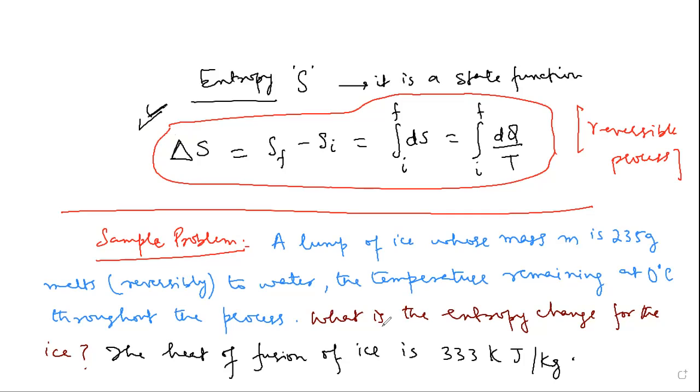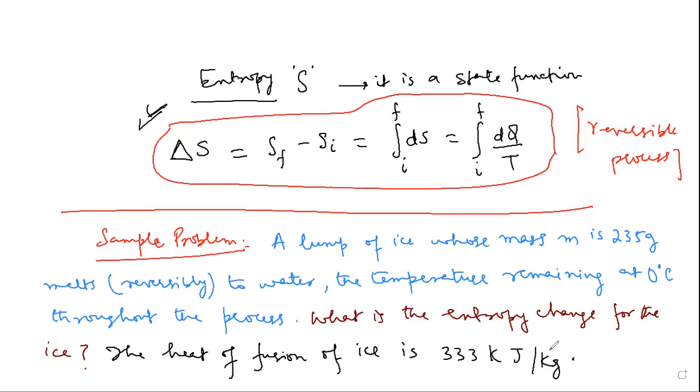Its final state is water, initial state is ice, and it's also given that the heat of fusion of ice, because this process is called fusion, if the phase change takes place from solid phase to liquid phase, such a process is called fusion, and heat of fusion of ice is 333 kilojoule per kg.